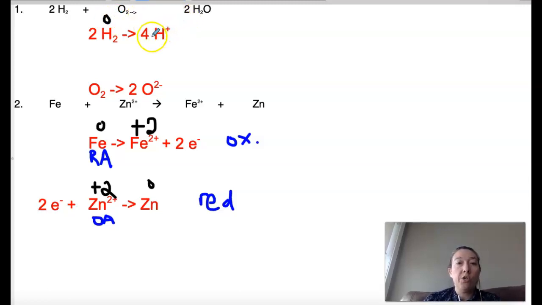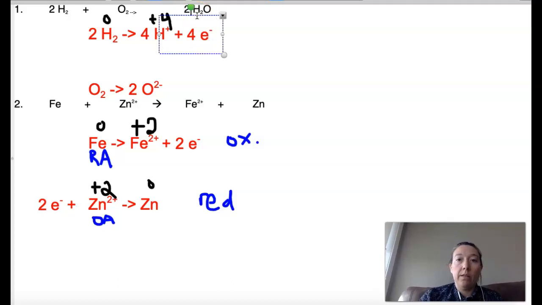We look at our hydrogen, we have 4 positives, right? So 4 times 1 is 4. So on this side, we have plus 4. So in this case, we are going to need 4 electrons. Okay, we need to add them over on this side so that the sum of the charges, plus 4 minus 4, is going to equal 0, which is the same that we have over here.